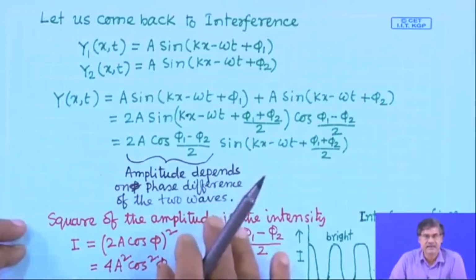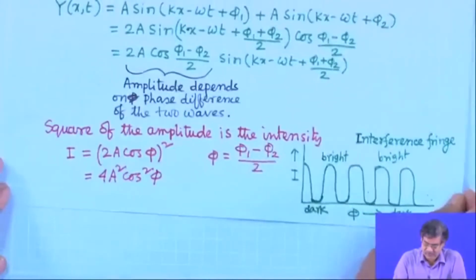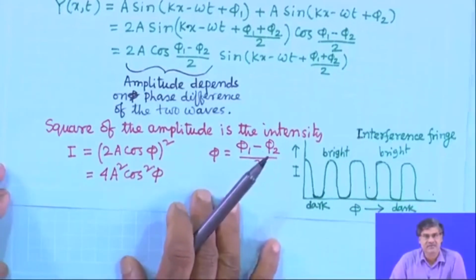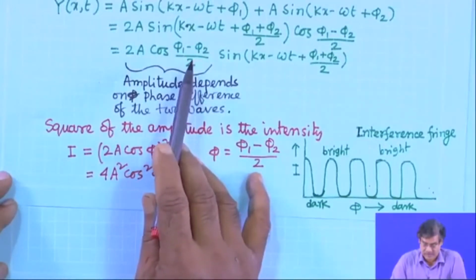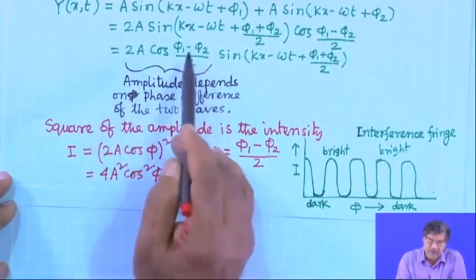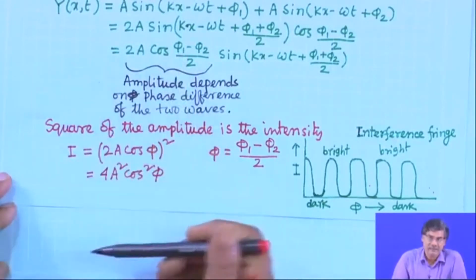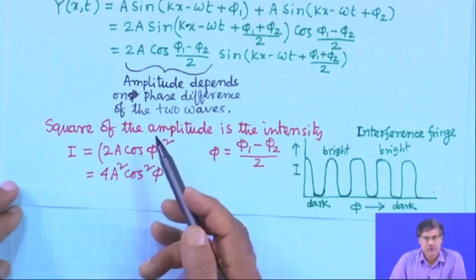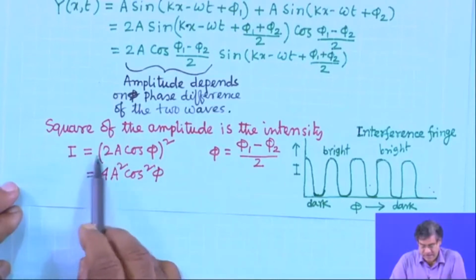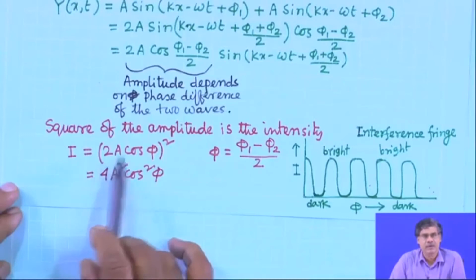So, this is the very interesting part, and we get the interference because of this term. Okay. So, if this is the amplitude part, we will get the intensity, that is the square of the amplitude. So, we can write the amplitude as 2A cos phi.